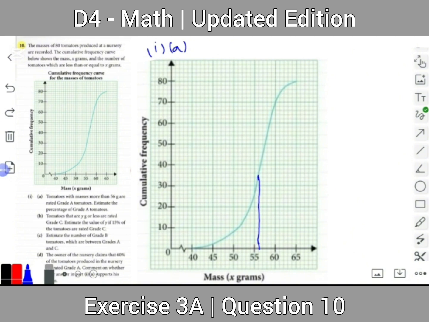From the point of intersection on the curve, we will draw a horizontal line until it touches the vertical axis. Now from the calculations, we know that each square unit along the y-axis is equal to 2. So here we have 30, 32, 34. So the value is 36.